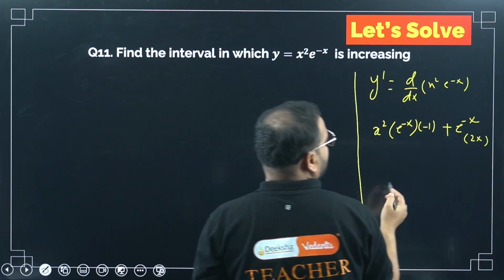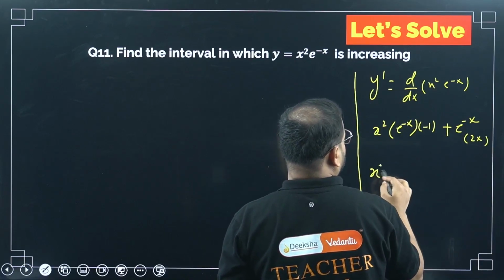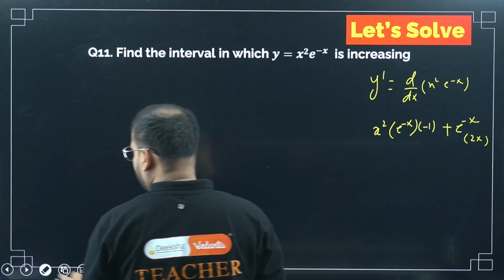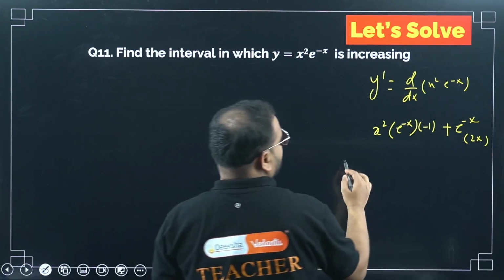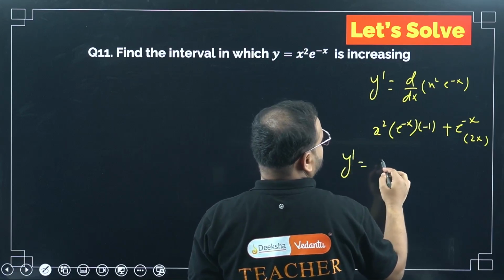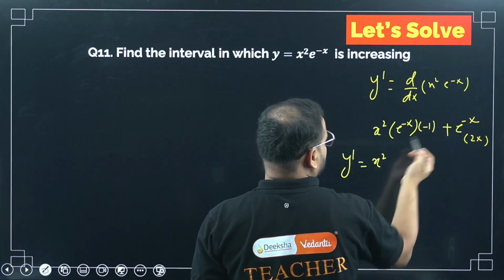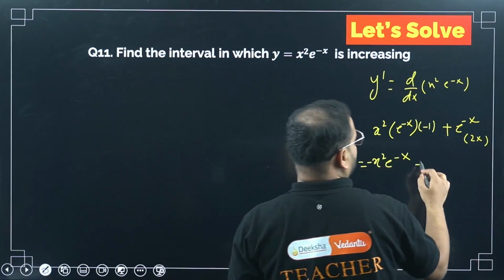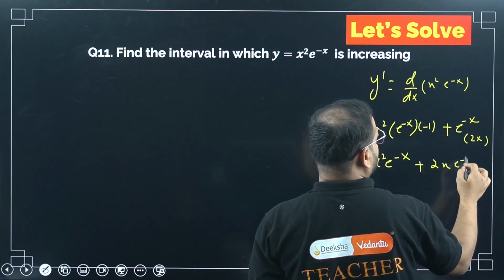Now I will rewrite this as y dash equals minus x square e power minus x plus 2x e power minus x.